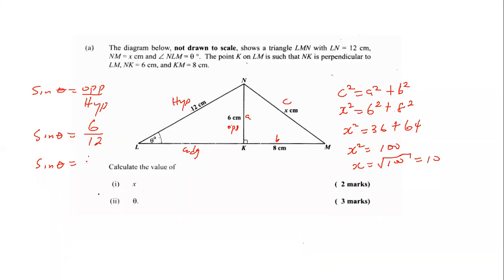So theta is equal to sine inverse of 0.5. Now what is sine inverse of 0.5? You get 30. So that would be 30 what? 30 degrees.